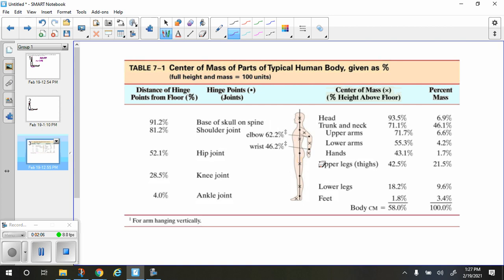So when I look at this chart, I'm going to look at the hip joint a lot. And I'm going to take the difference in the position of the hip joint and the position of the thighs. I keep saying lower legs, the thighs, the upper legs. So if you take 52.1 and you subtract 42.5, you get 9.6.